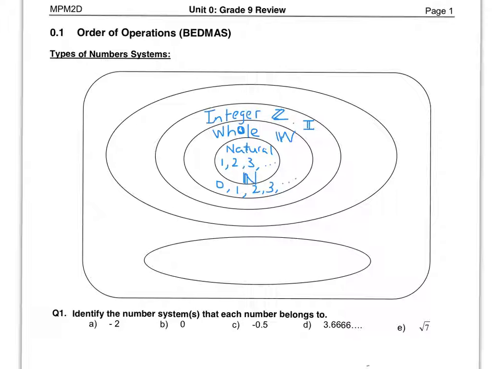And I'll just put down here ..., -2, -1, 0, 1, 2, ... You can keep going in either direction there.